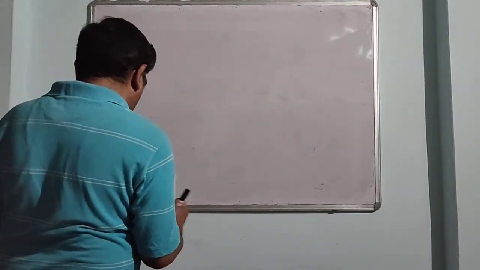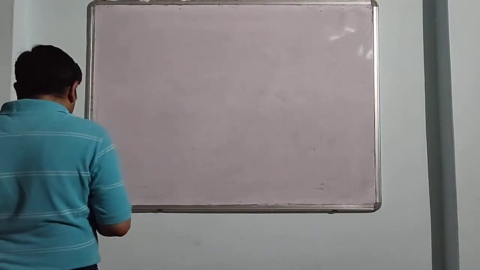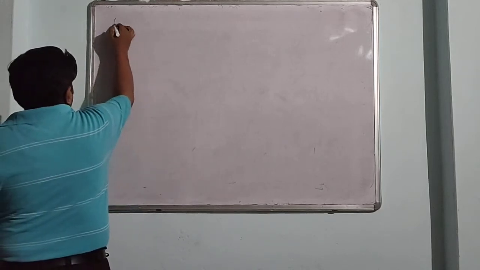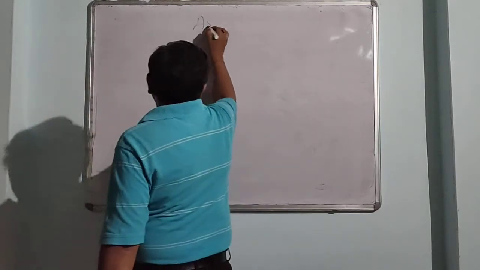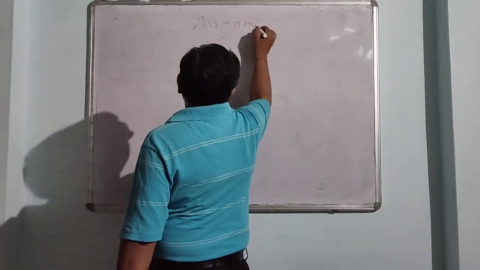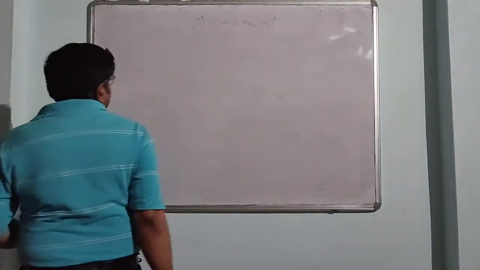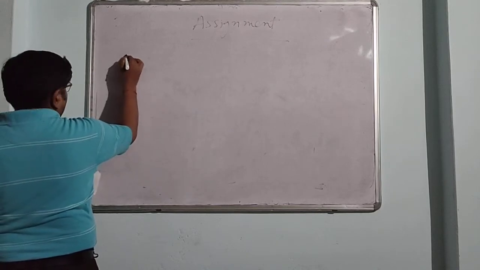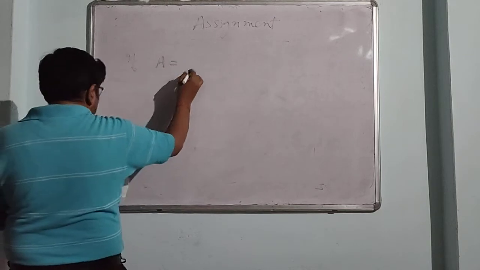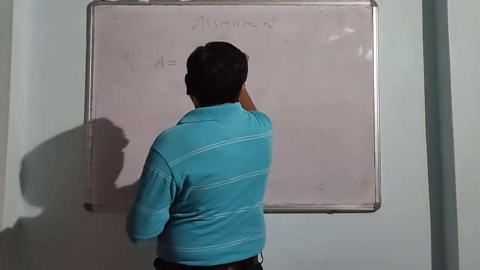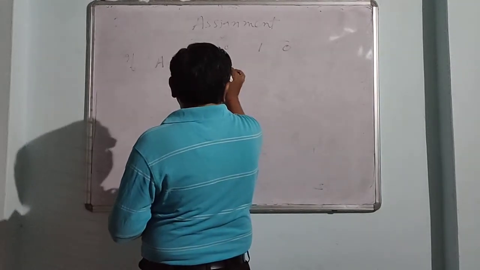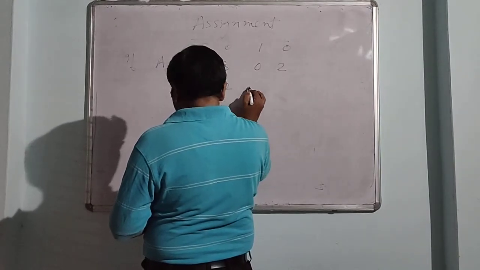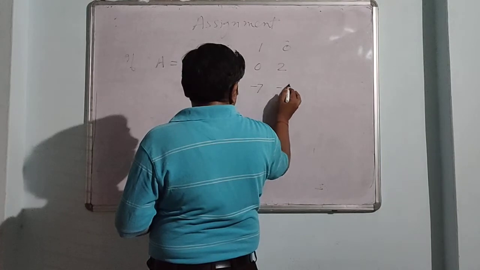Question is, obtain the state transition matrix if A is given as 0, 1, 0, 3, 0, 2, minus 12, minus 7, minus 6.